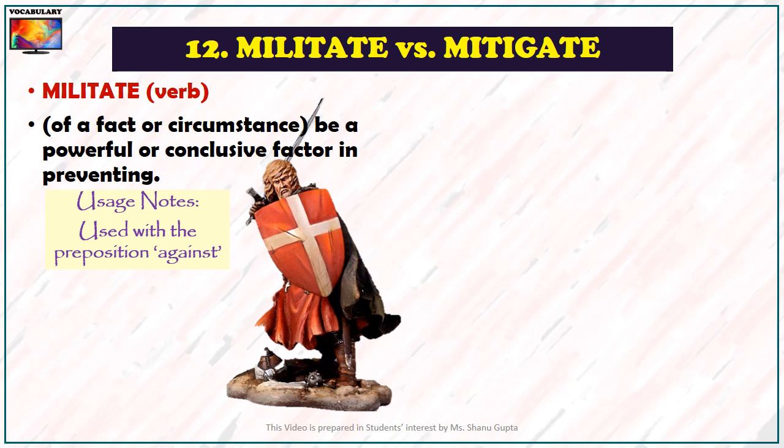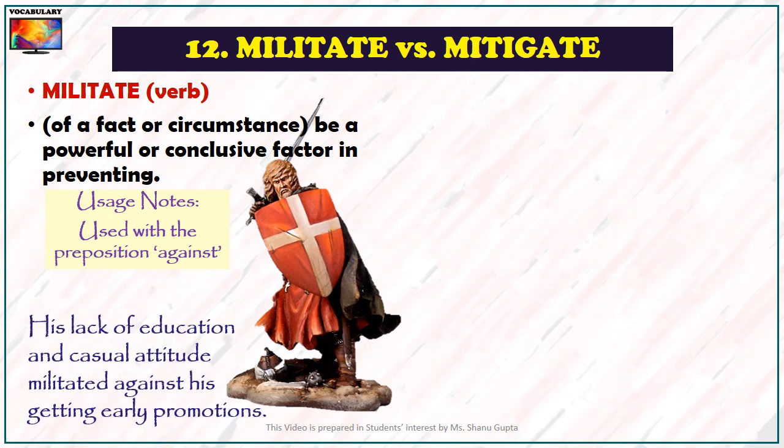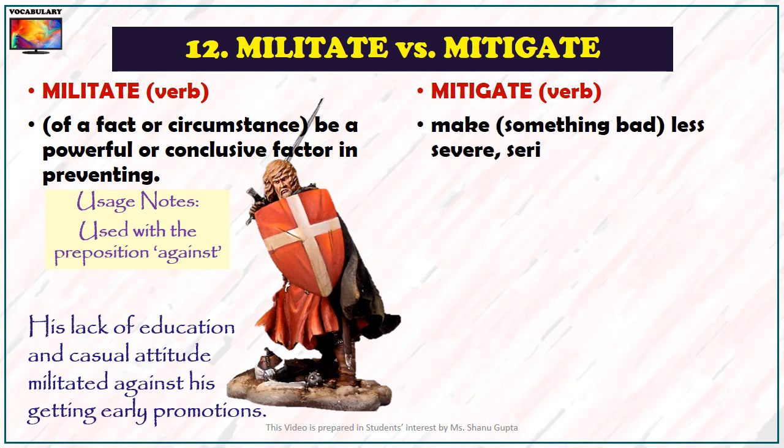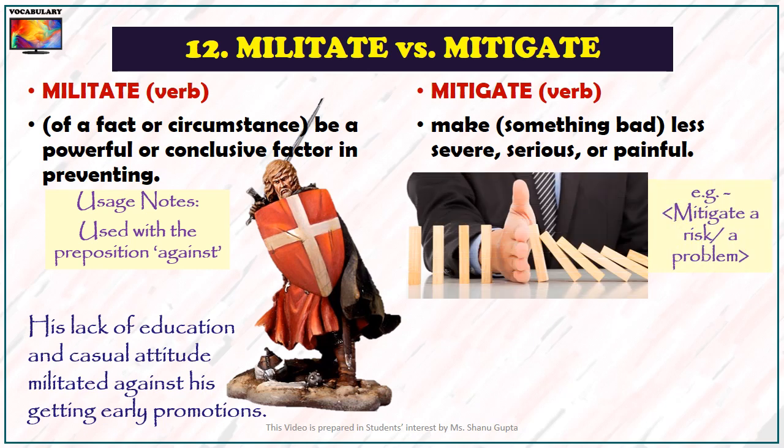For instance, I can say, his lack of education and casual attitude militated against his getting early promotions. Mitigate, on the other hand, means to make something bad less severe, serious, or painful. Like one may mitigate a risk or a problem and make it less severe.